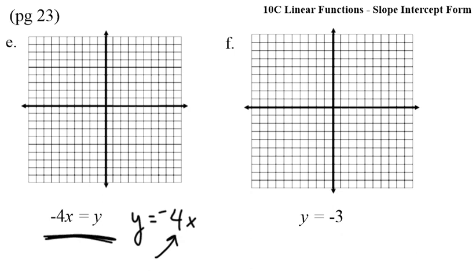This gives us our slope, which is negative 4. But what's our y-intercept? We're not adding a b value, so technically, that's a b value of 0. So our y-intercept is 0 and a slope of negative 4.